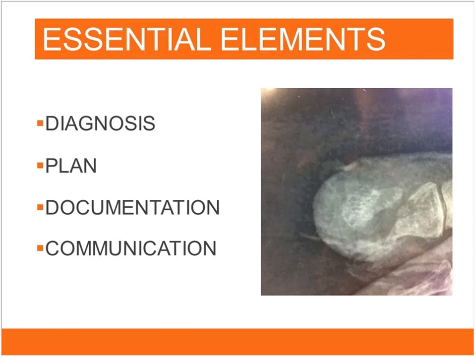So we talk about the basics of hand injury. We need to consider the very essential elements. And this is very non-medical. We have to know what the diagnosis is. We have to know what our plan for rehabilitation is. We have to have this all documented, and we have to communicate between the key people in the rehabilitation, including the worker, about where the case is going.